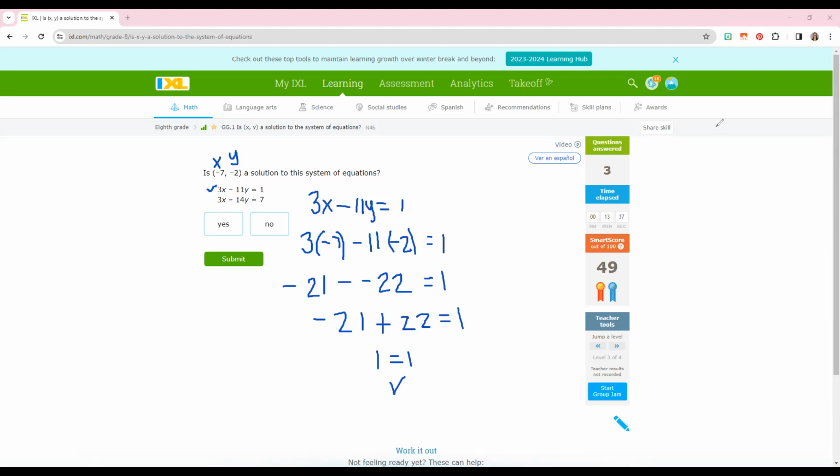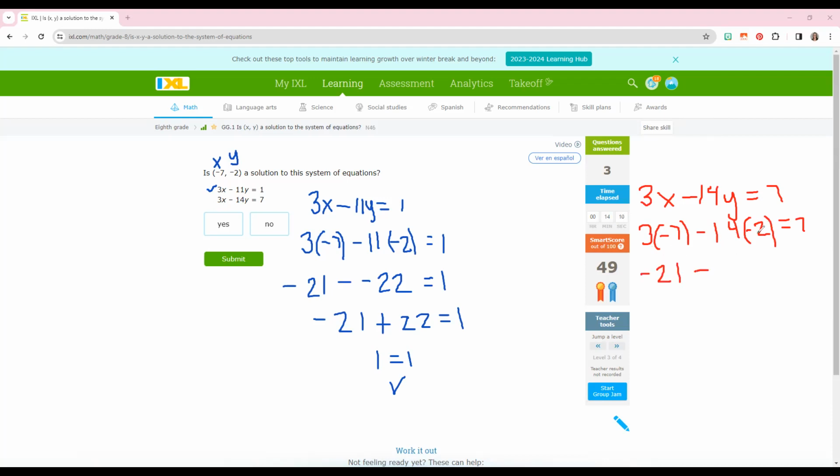Let's try it out and see if it works for the second one. I'm going to do the work over here to make sure I don't run out of space. So our second equation is 3x minus 14y equals 7. Substitute -7 in for x and -2 in for y. So 3 times -7 minus 14 times -2 equals 7. 3 times -7 would be a -21.